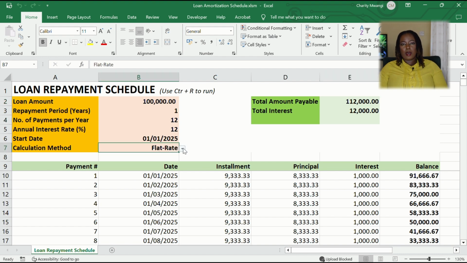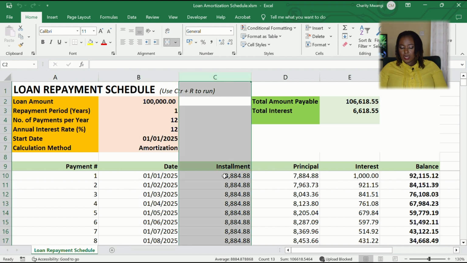Using the same amount, 100,000 as loan amount, 12 installments, that's 1 year, and an annual interest rate of 12%. So as you can see, the installment amount does not change.